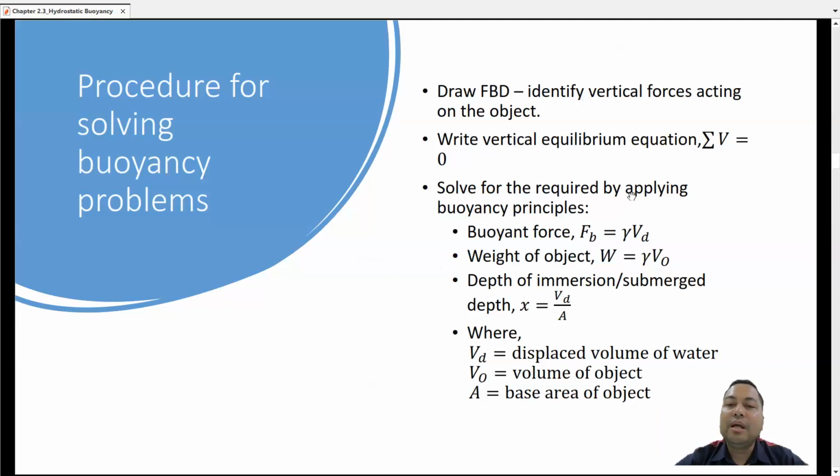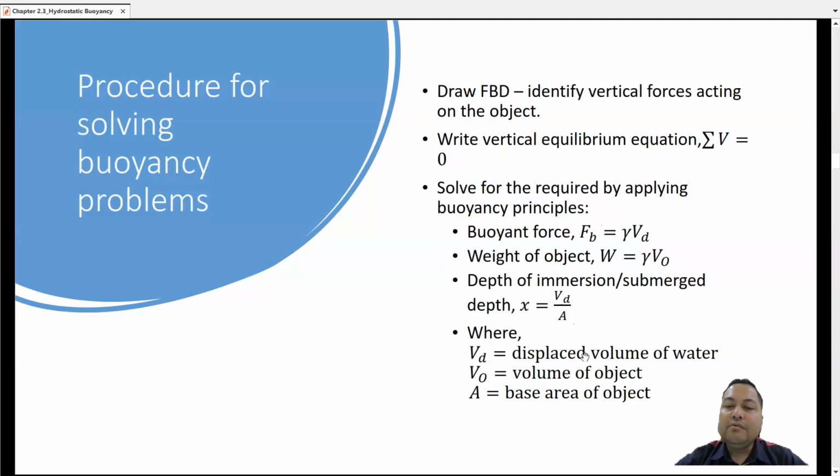Then solve for the required quantity by applying buoyancy principles. So we have the equations for buoyant force: Fb is equal to gamma Vd. Weight of object is equal to gamma V object. Depth of immersion or submerged depth x can be obtained by dividing Vd by the surface area.